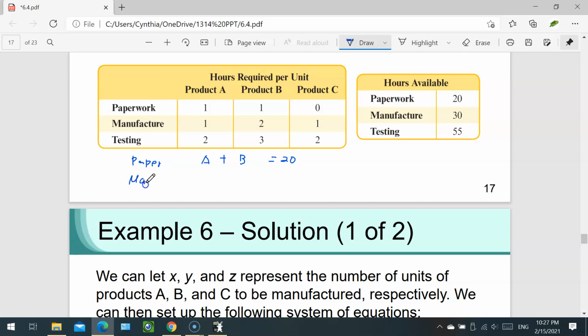With the manufacturing, we have product A is 1, so the same way you have 1A plus 2B plus C is equal to 30. With the testing, we have 2A plus 3B plus 2C is equal to 55.